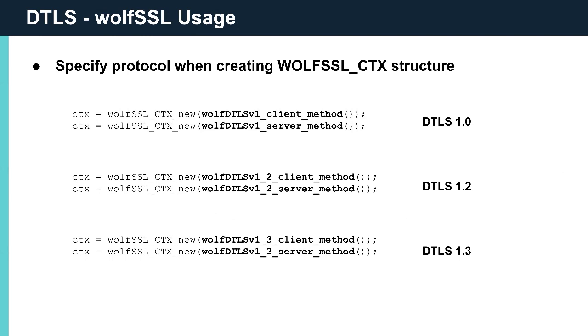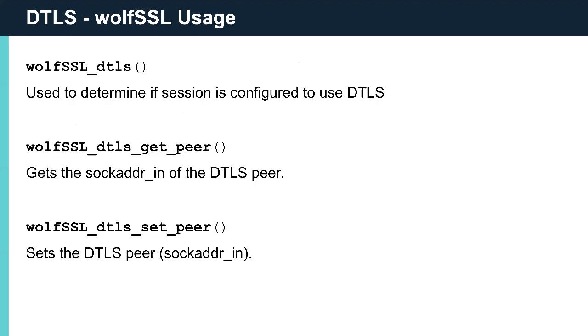Like TLS, you'll want to create a context with a specific DTLS version and a side being specified. You can do that for DTLS 1.0, 1.1, 1.2 or 1.3. We have an API called wolfSSL_dtls, which allows you to check if that session has been configured to use DTLS.